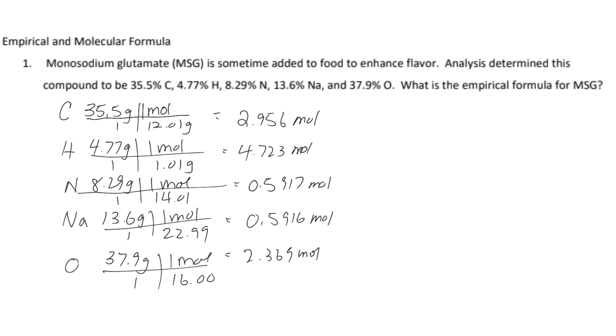Now, since we've already talked about that the subscripts represent a mole ratio, I can now turn this into a mole ratio by dividing by the smallest. So I'm going to divide by 0.5916, divide everything by that value.